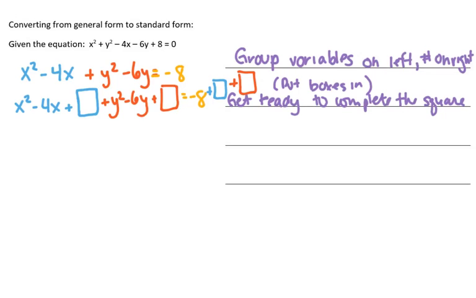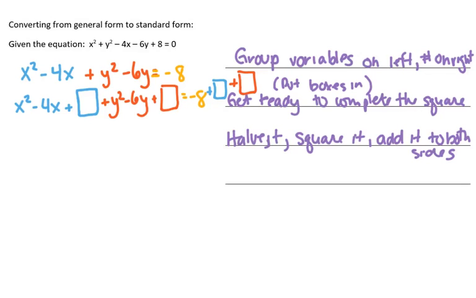So now I can go through and actually do the process of completing the square now that I'm ready and geared up to do it. And remember, you take your b value and you halve it, you square it, and you add it to both sides.